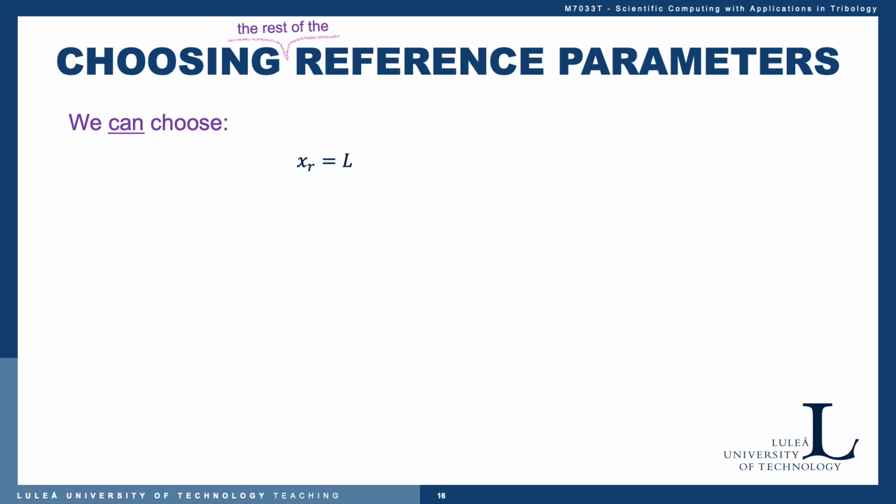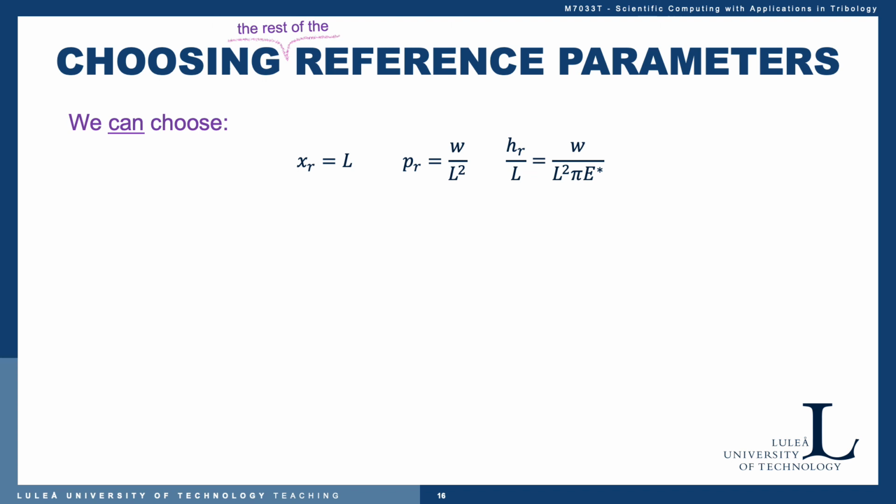So it remains to choose the rest of the reference parameters, and we can choose the reference parameter for the length as the length of, or one of the major lengths of the contact zone that we consider. Let's denote this by L. Then we can define the reference parameter for the pressure as the total load over this length parameter squared, which obviously then is a pressure.